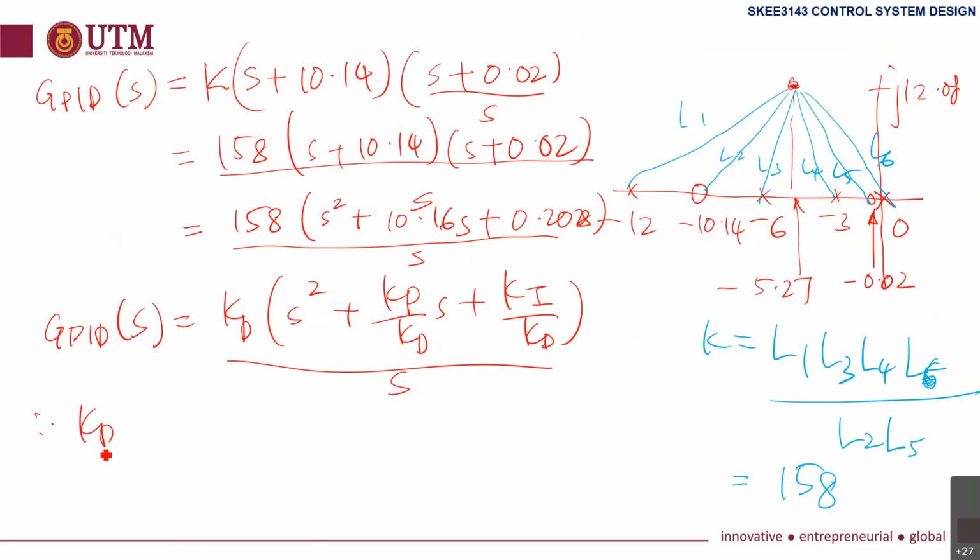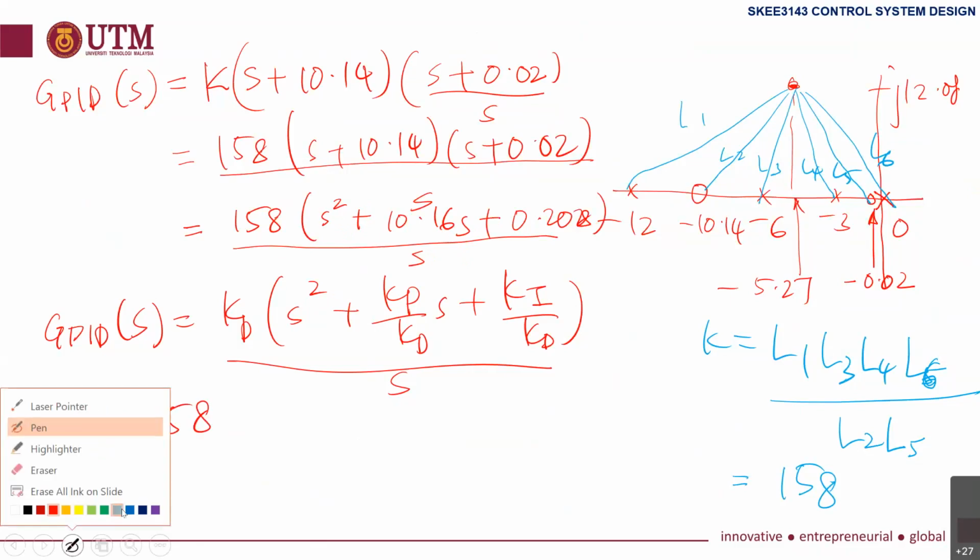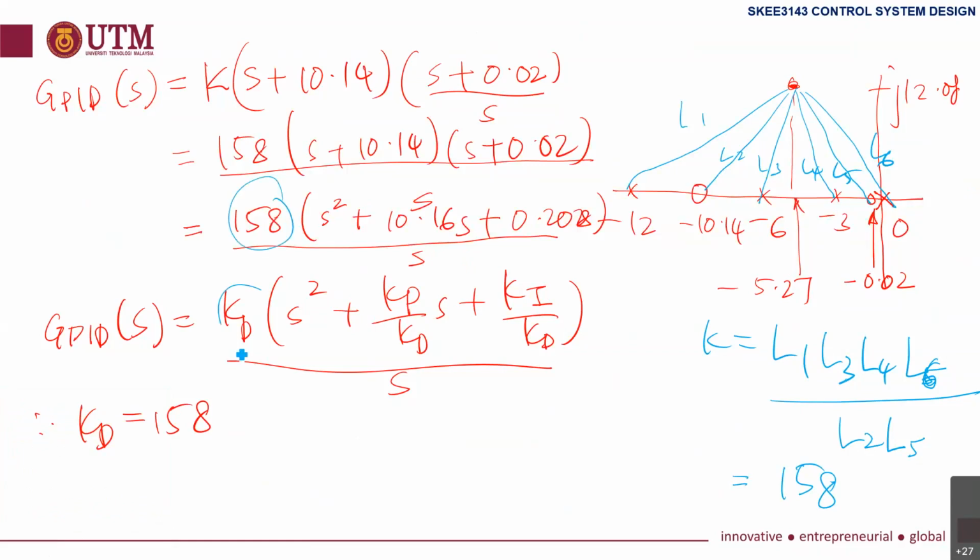Therefore KD is 158, and equate both. KP over KD is this, and KI is here. We equate to get the value. KP over KD is 10.16.